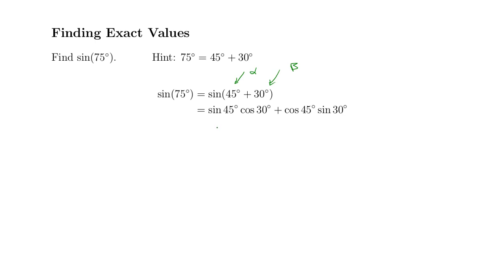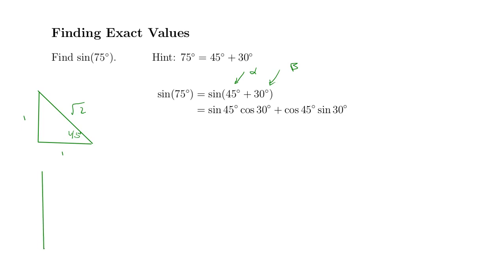Sine of 45 degrees. We should know what that is. If not, let me draw your little triangle here. We've got some side lengths of 1, 1, root 2. So, if this is 45 degrees right here, sine is 1 over root 2. Then, we can say cosine of 30 degrees.